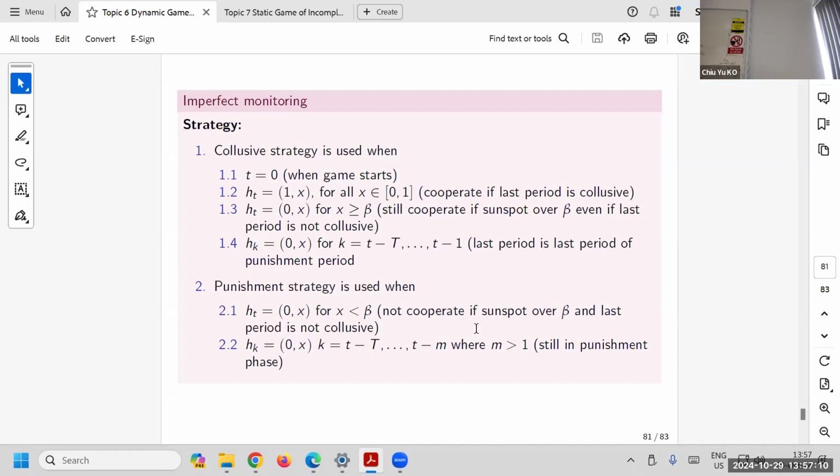So look at my profit: if my profit is 1, of course I continue. If my profit suddenly becomes 0, I check the God, and if the God tells me to continue, I continue. If the God said no way, this guy is cheating, then I start punishment and punish for T periods. After T periods, I will go back.